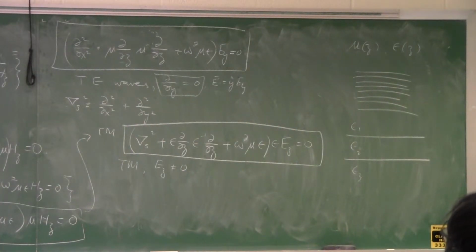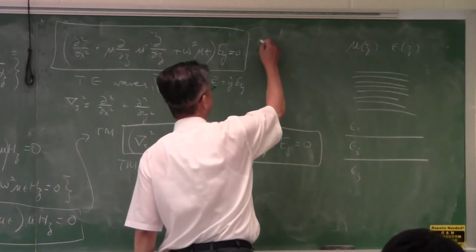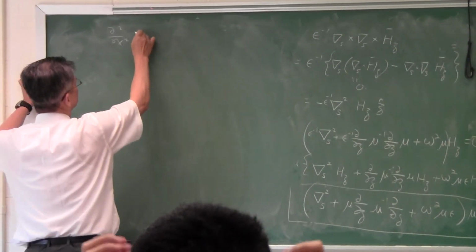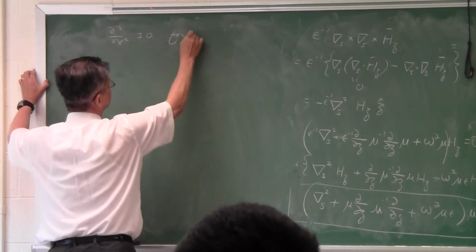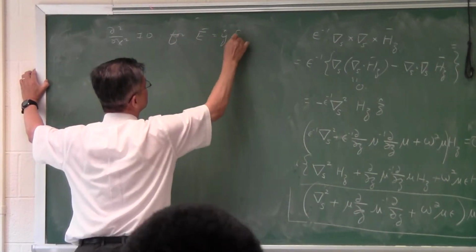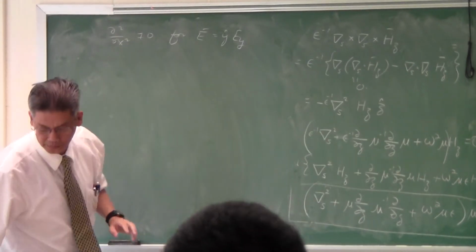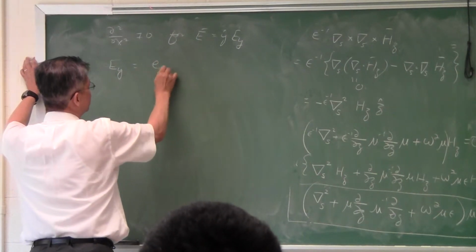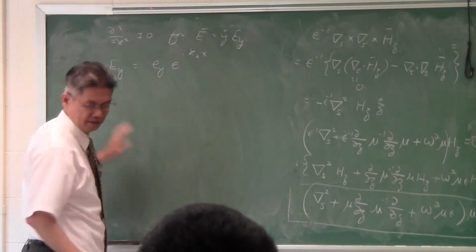So let's see how we can solve these problems and how we can eyeball this equation and conclude what boundary conditions there should be when we solve this. So, for this simple case over here, I say this is a simple case. Then it only involves partial squared, partial x squared, not equal to 0 for the simple case. Then I will conclude that my Ey must be something of this form, e to the i kx x.